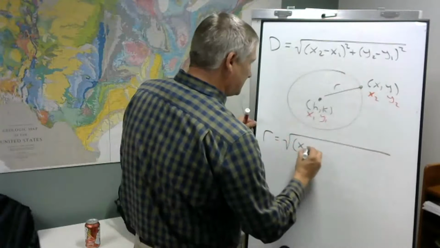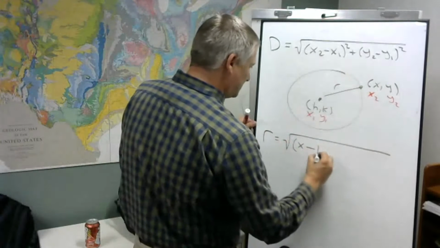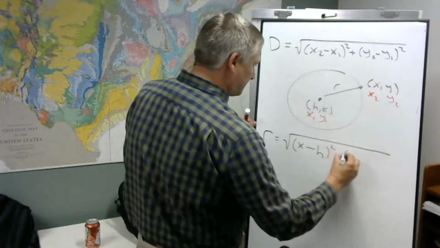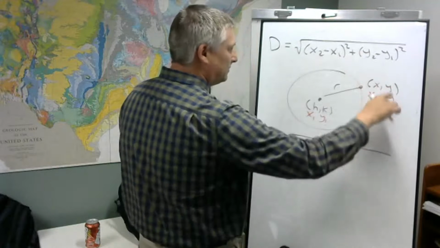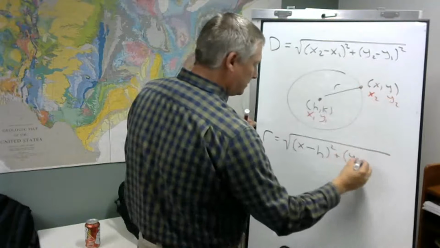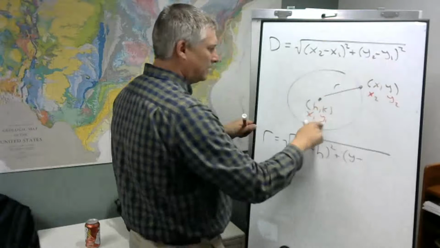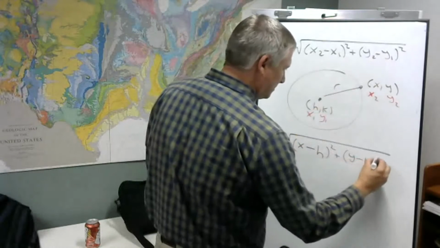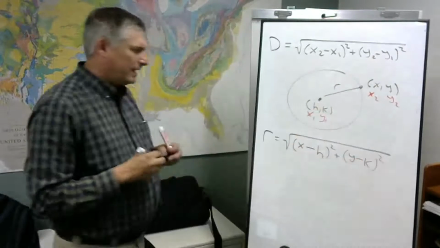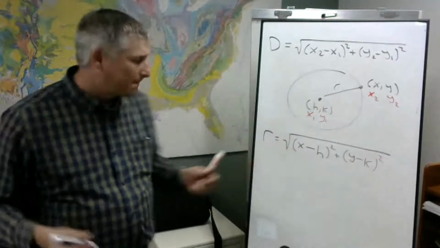So x2 in this case is just x, x1 is h, y2 is just y, and then y1 is going to be k. And again, let's square both sides.